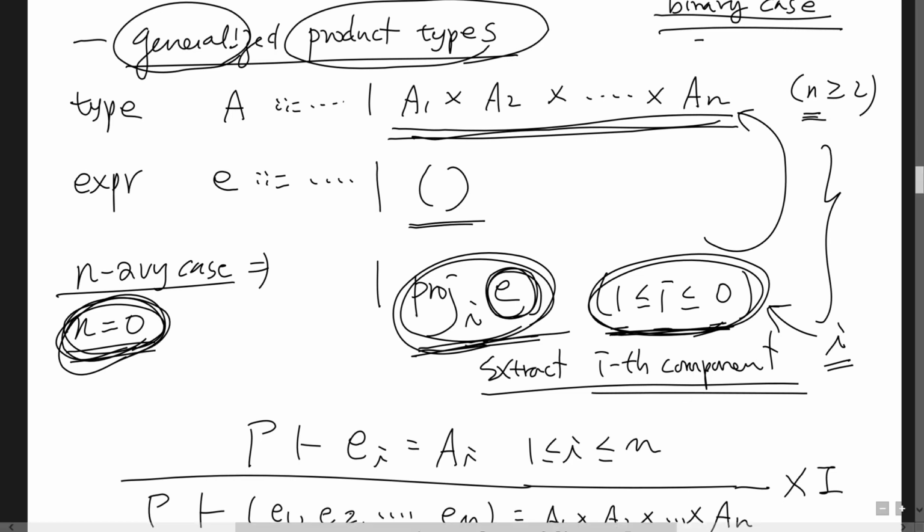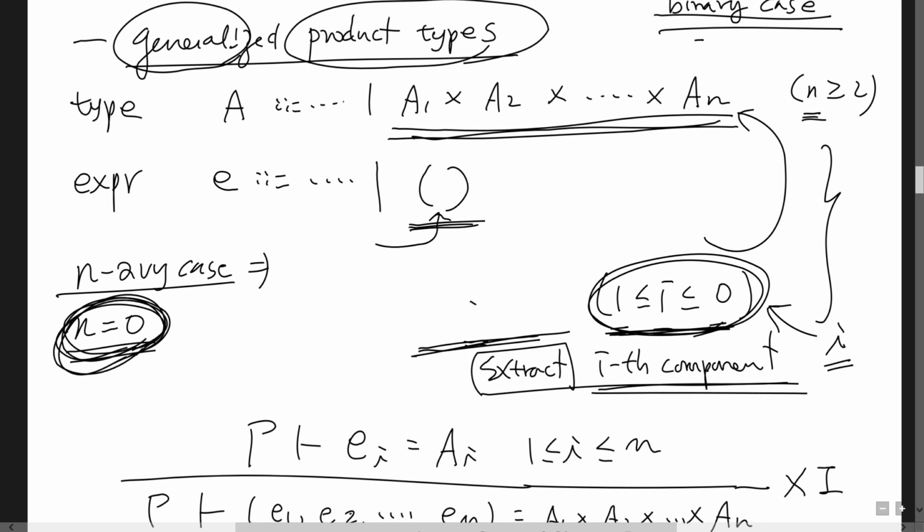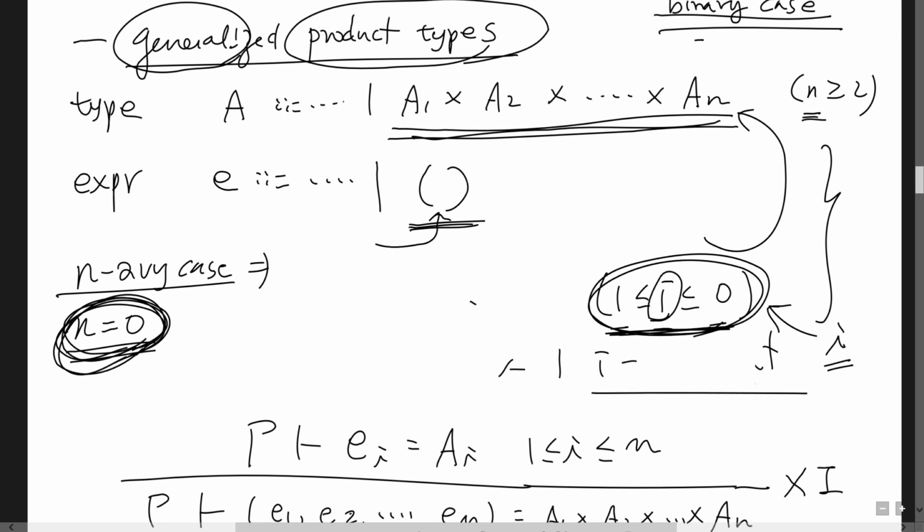Intuitively, there is no component inside these parentheses, therefore there is nothing to extract. We should not be able to extract any component from this one. So when we set n to 0, this projection disappears because there is no such i, so no such index.